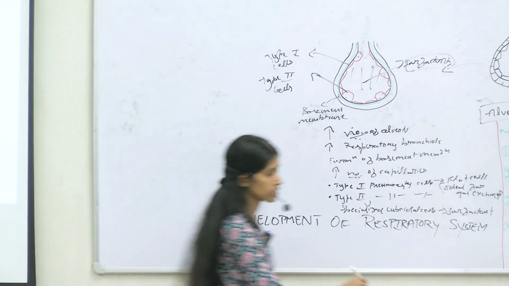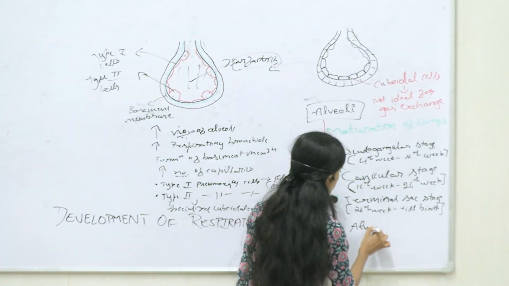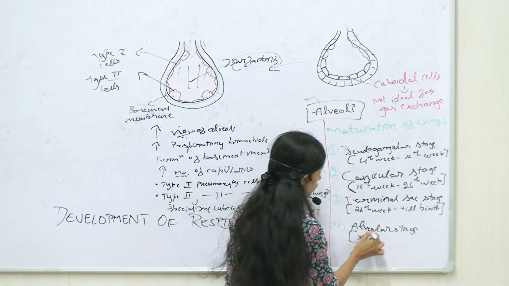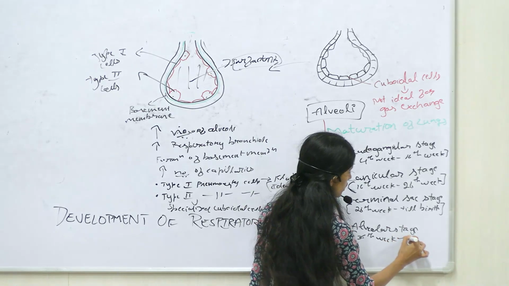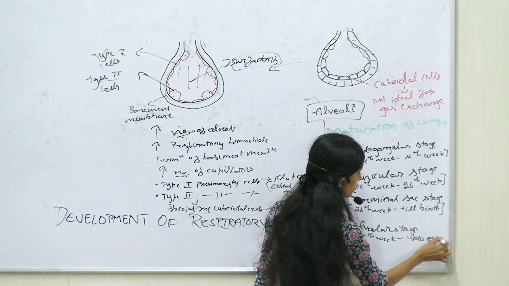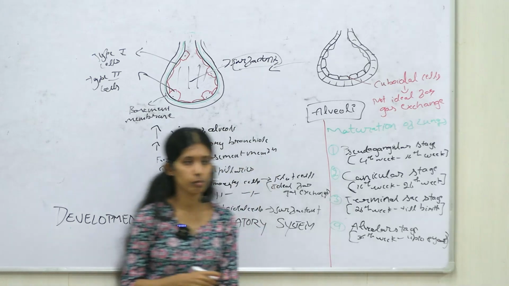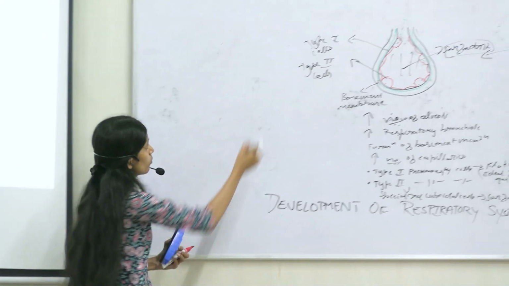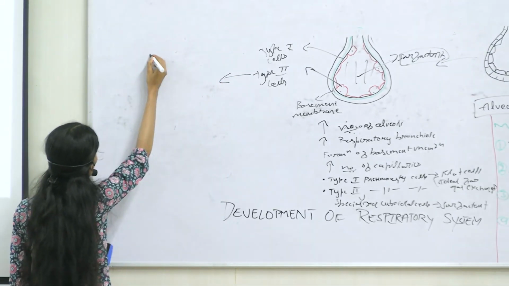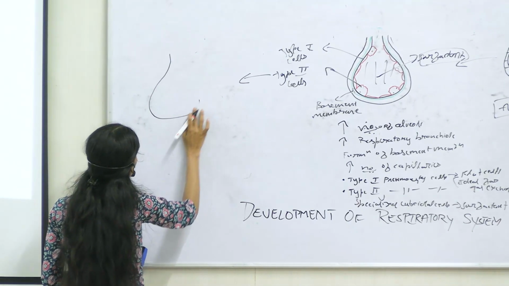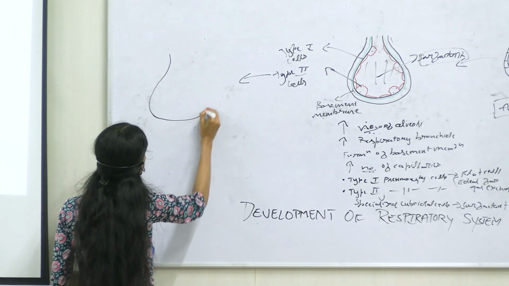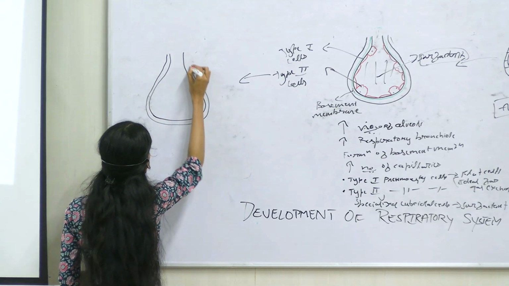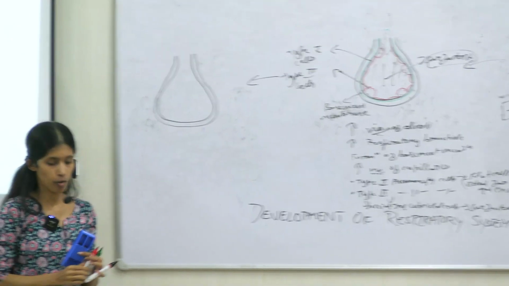Okay. The next and last stage is the alveolar stage. This alveolar stage starts from the 36th week and it extends up to 8 years. Until the baby turns 8 years, your alveolar stage is going to extend. The one major change that takes place in the alveolar stage is formation of the septum.